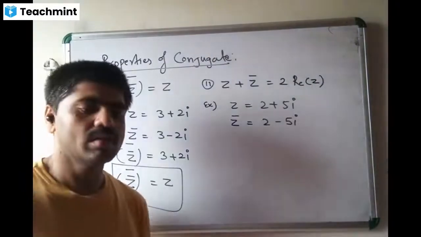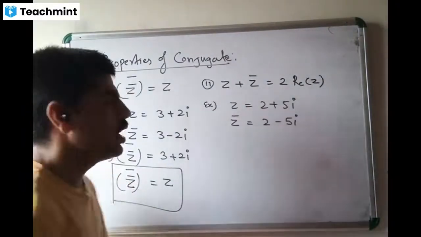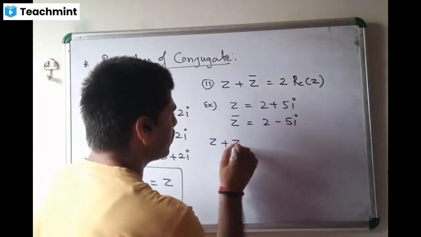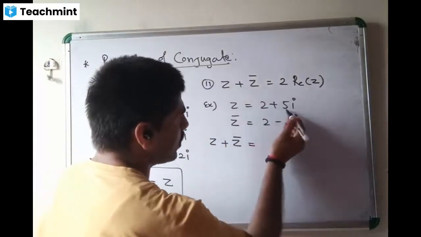Now add: z plus z bar is equal to 2 plus 5i plus 2 minus 5i.